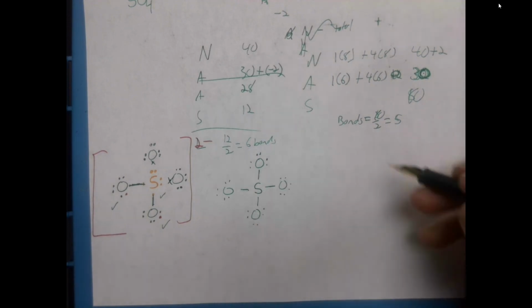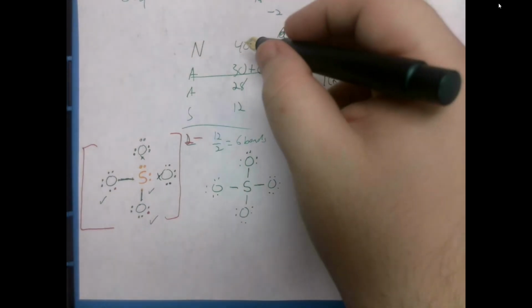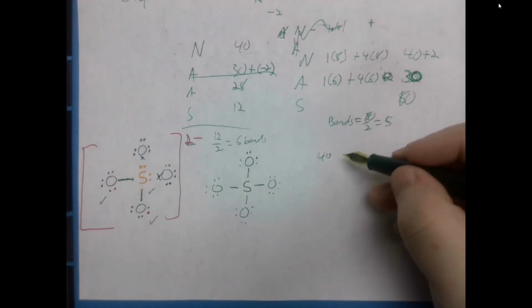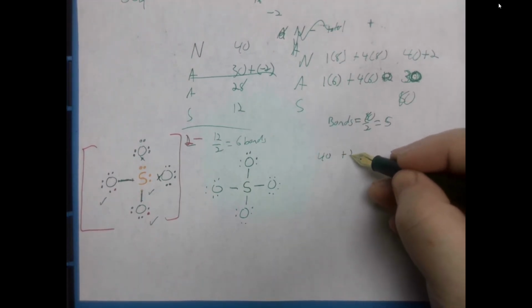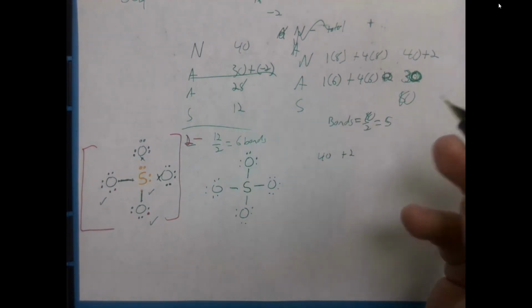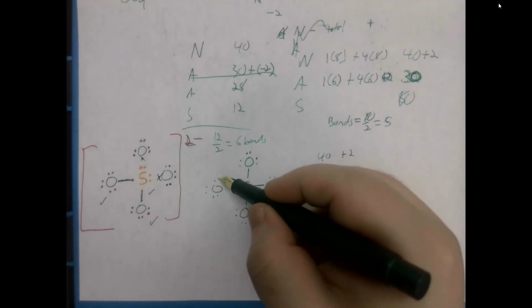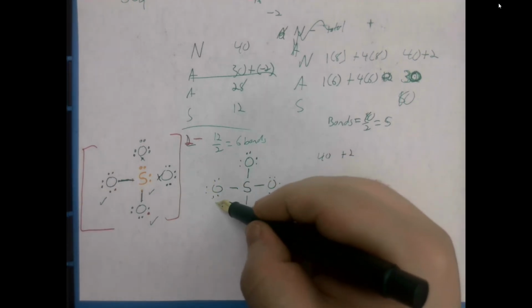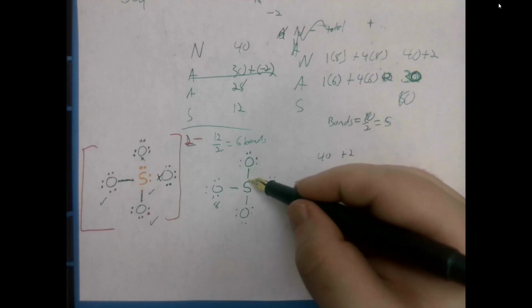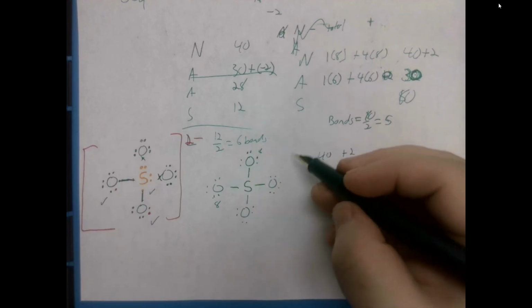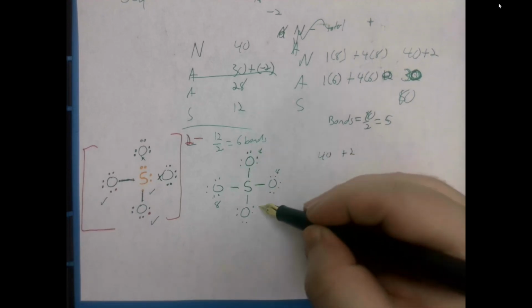So they're all satisfied, but let's check. I should have 40 electrons plus 2 additional electrons. So this has 1, 2, 3, 4, 5, 6, 8. What? This has 8. That has 8. That has 8.